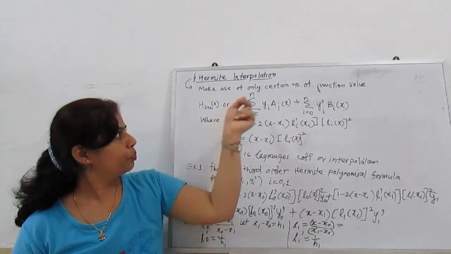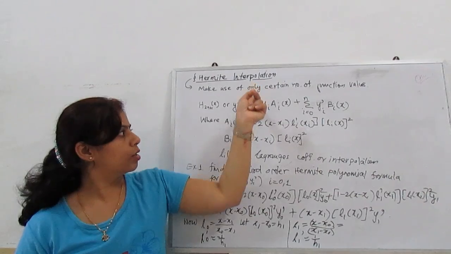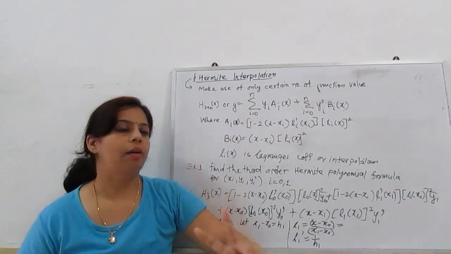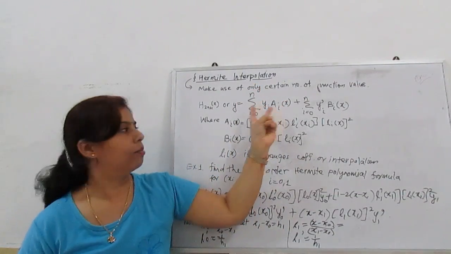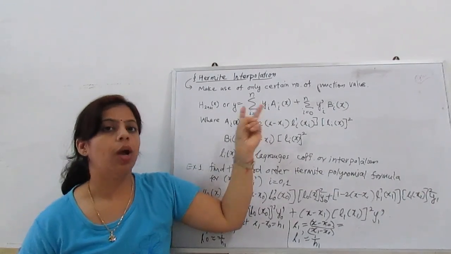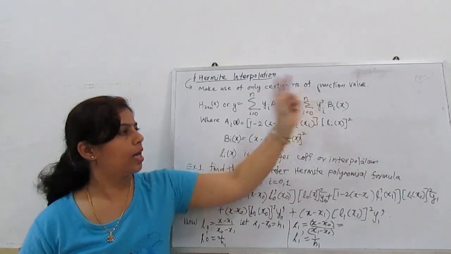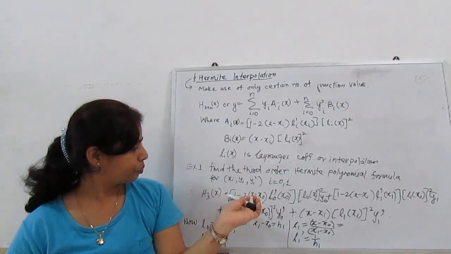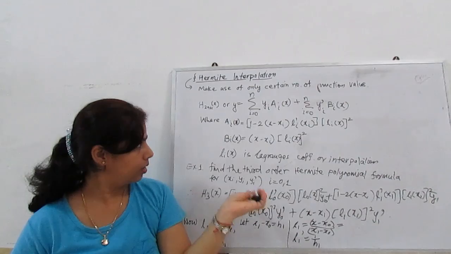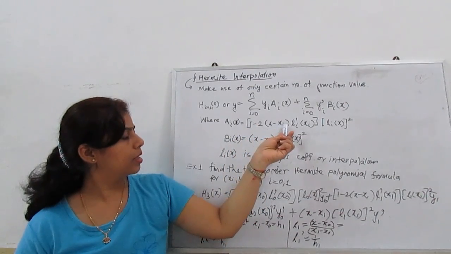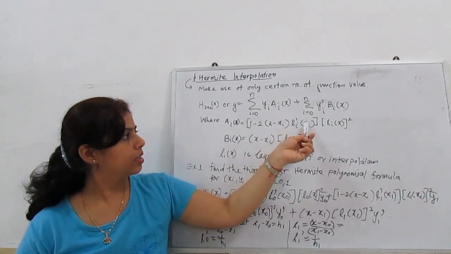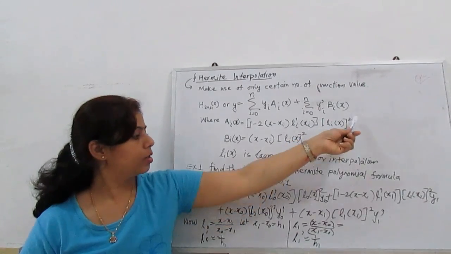First is the summation, i going from 0 to n. So 0 and 1: we have two terms, for i equal to 0 and for i equal to 1. Similarly here also for i equal to 0 and i equal to 1. So let's see. The first term is 1 minus 2(x minus x0) L0 dash(x0), times L0(x) whole square.